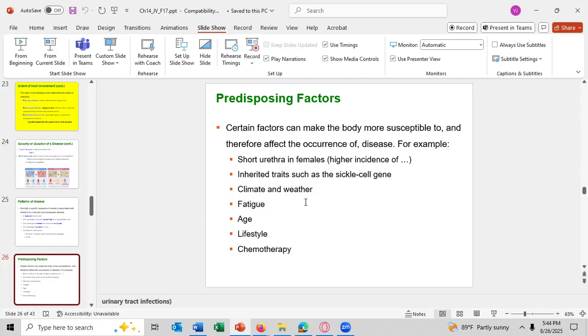Fatigue is another factor that can predispose a patient to getting ill. Everyone knows that when you're tired, your immune system is weaker and your ability to fight off disease is weaker.